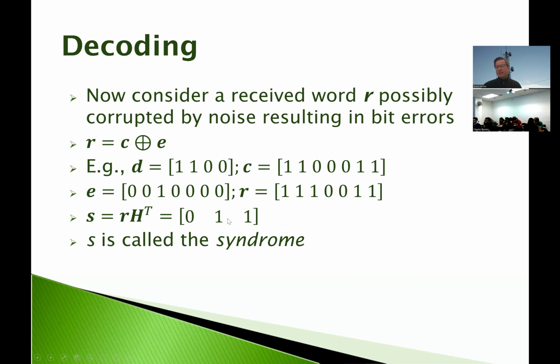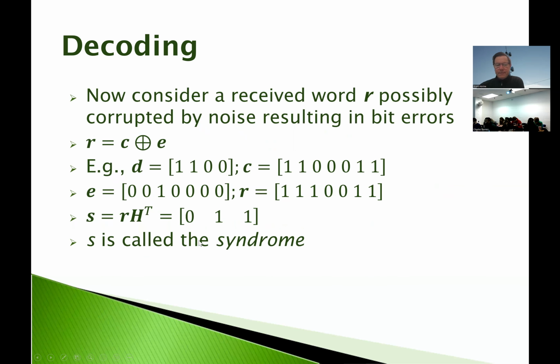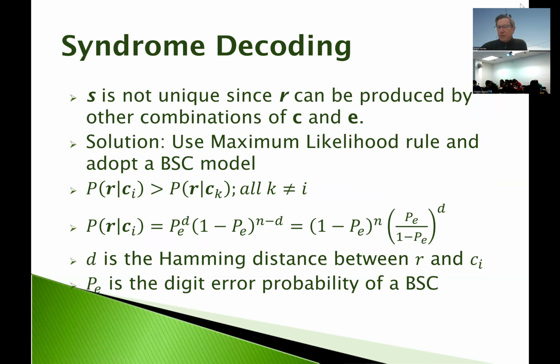In this case, we're going to end up with 0, 1, 1. Okay, so now we have this little bit of information. What can we do with it? Well, what we really want to do is come up with that error vector. If we know which bits are flipped, we can reverse that process, right? And come back with the true code word.